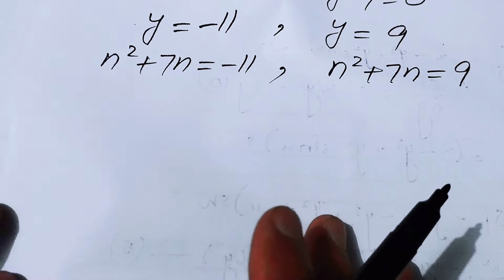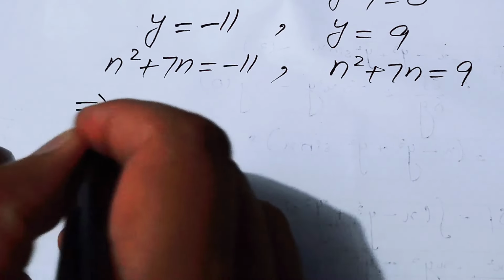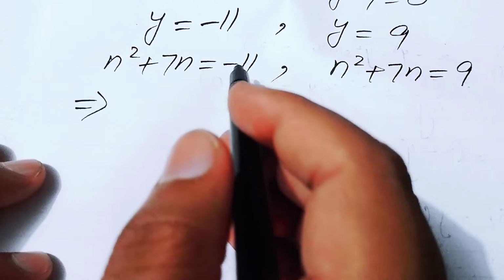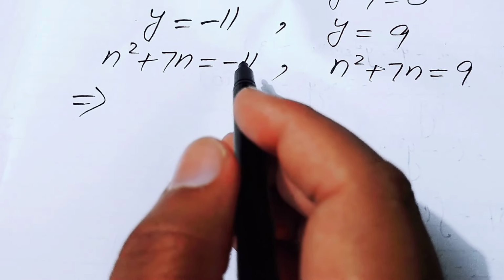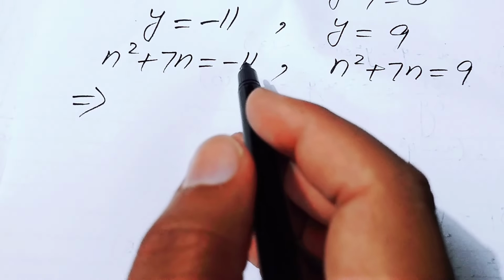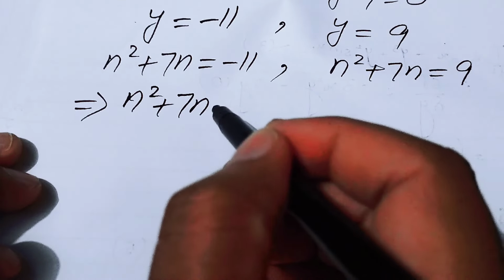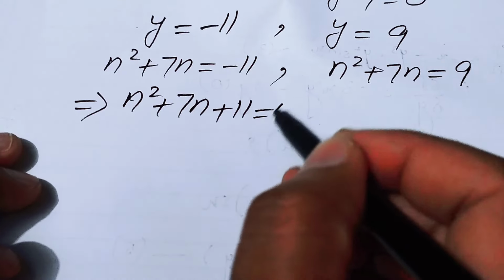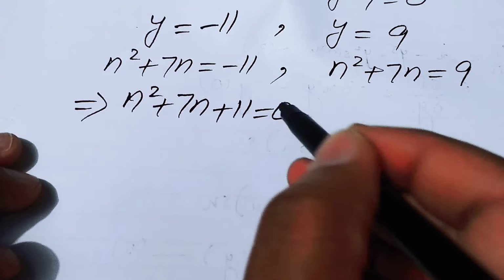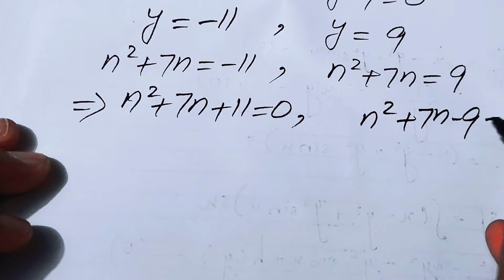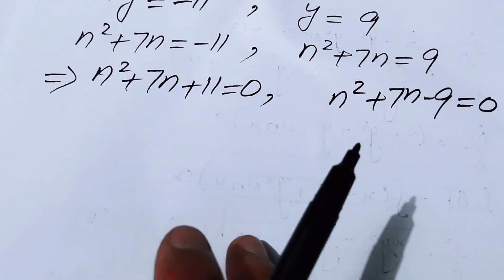So now we simplify these two equations and we move the terms on the right hand side to the left hand side, and you get n squared plus 7n plus 11 is equal to 0, and here you get n squared plus 7n minus 9 is equal to 0.